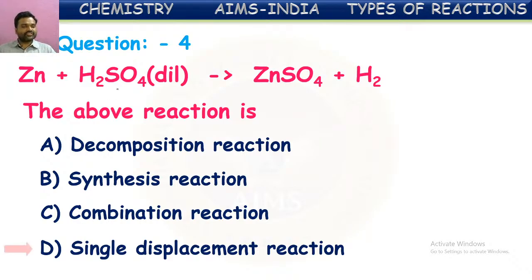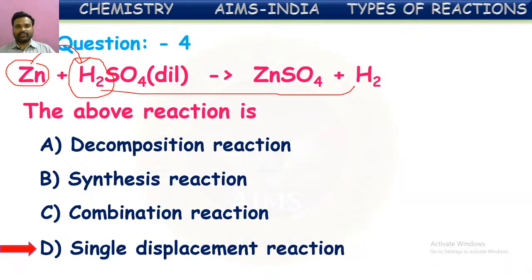The correct answer is D. It is a displacement reaction or single displacement reaction. Why? Because zinc is combining with sulfuric acid. Here, hydrogen is being replaced by the more reactive element zinc. So zinc sulfate is formed. Hydrogen is emitted in the form of gas.